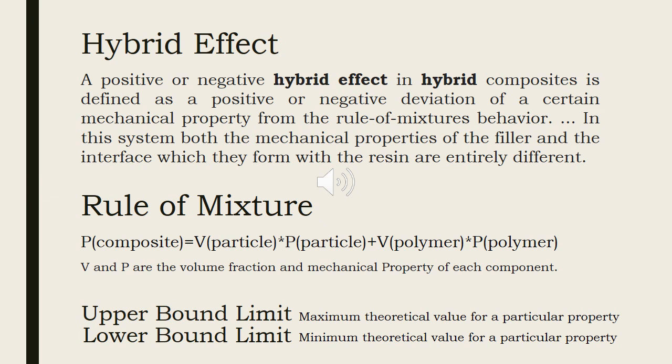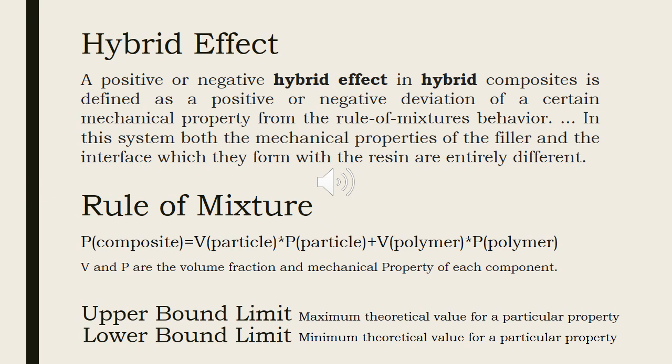Rule of mixture is a method of approach to approximate estimation of composite material properties based on an assumption that a composite property is the volume weighted average of the matrix as well as the volume weighted average of the dispersed phase.